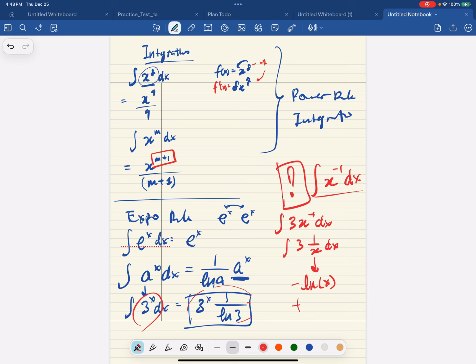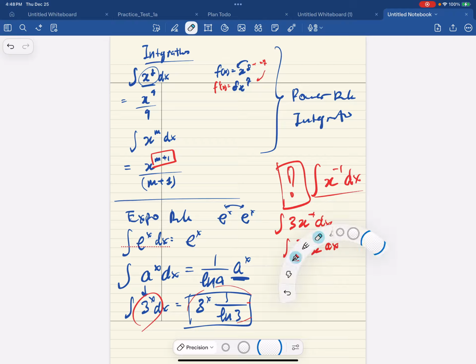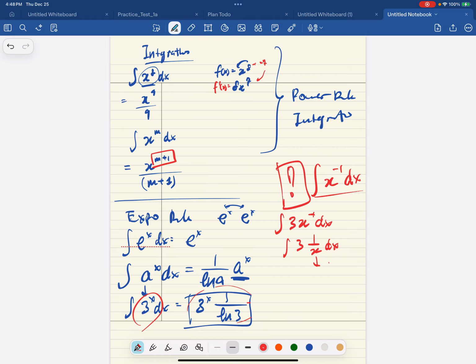There is also a proof to that, but basically if there is a negative inside a ln, it does not exist. So every time that you see 1 over x that needs to be integrated, just write ln of the absolute value of x. So this one will just become 3 times ln of absolute value of x.